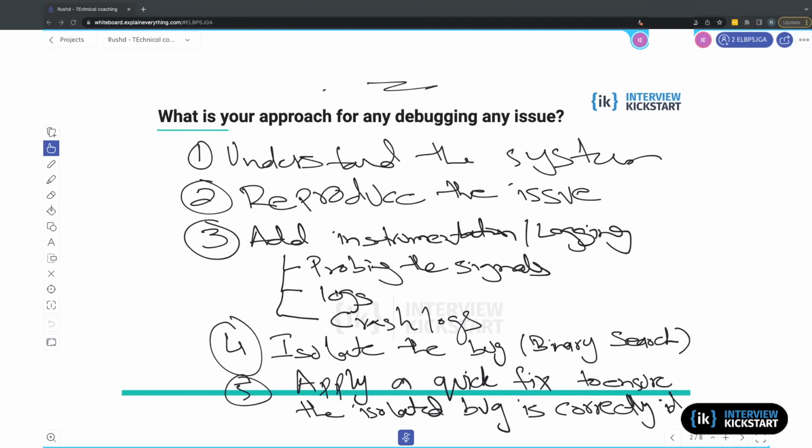Yeah. Usually there's no rule of thumb, but one thing that's really helpful is crash logs, because crashes shouldn't be happening too often. If they happen once in a while, crash logs are really useful.